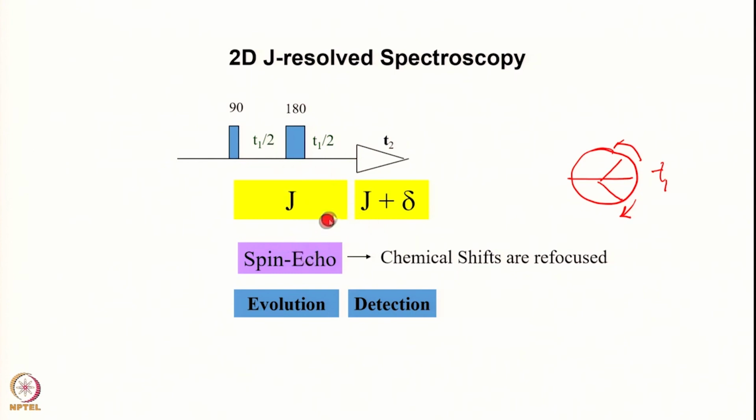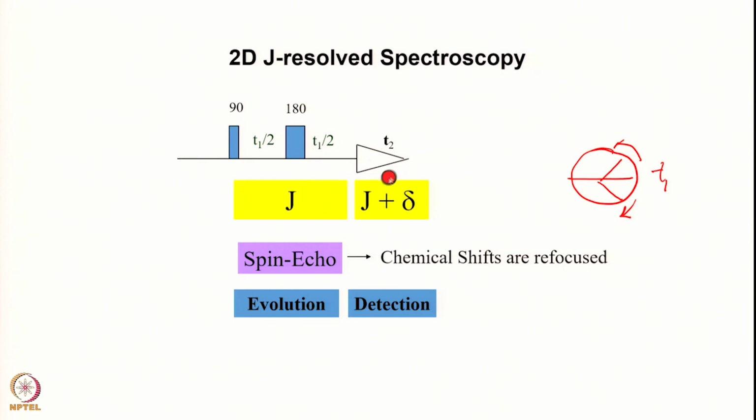I repeat again, the chemical shifts are refocused, no matter what the chemical shifts are, that is completely eliminated at the time of the echo. It is like sitting at the center of the multiplet for every nucleus, because the chemical shift information is not present. It is like sitting at the center of every multiplet in your spectrum.